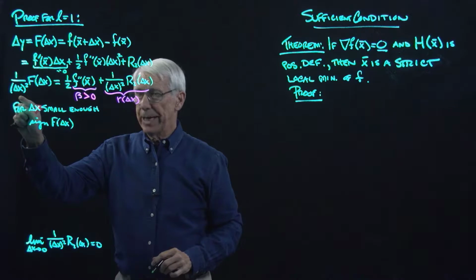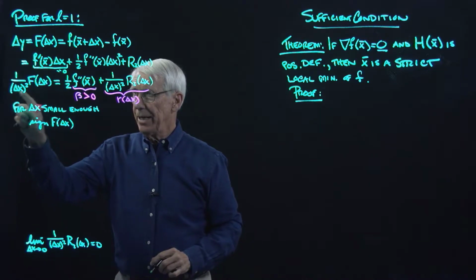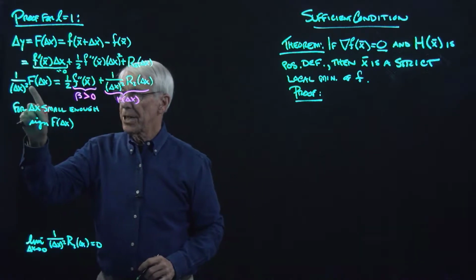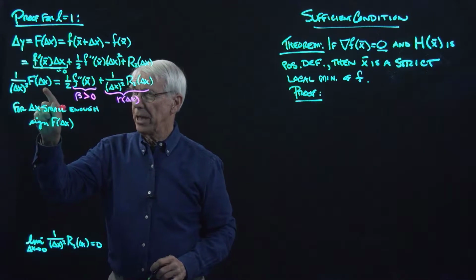The square of delta x is positive. So the sign of the left-hand side, of course, has to be the same as the sign of the right-hand side. The sign of the left-hand side is just the sign of F of delta x.